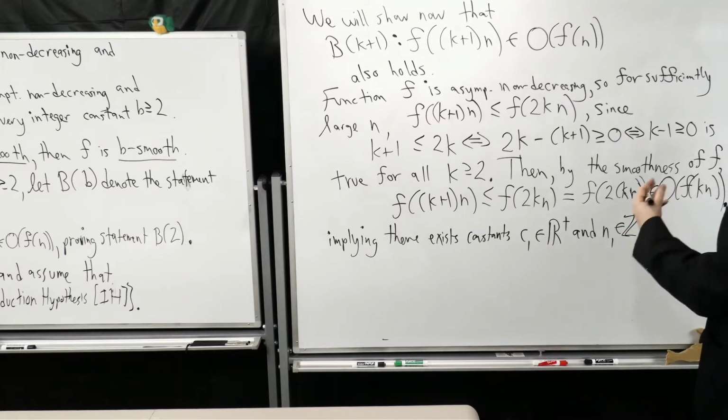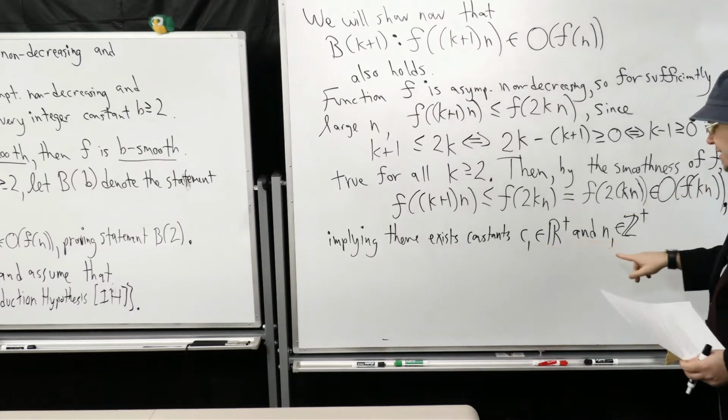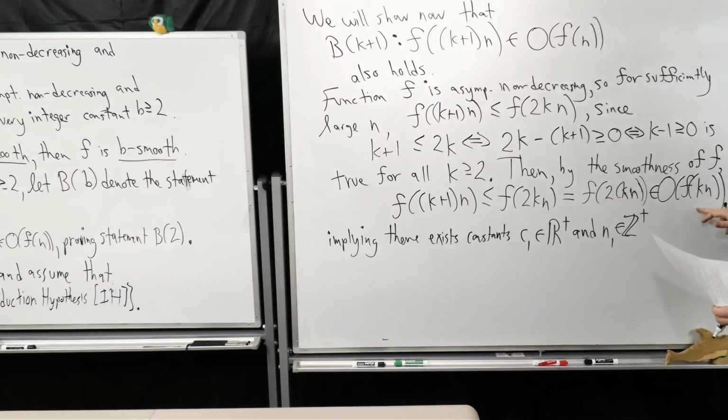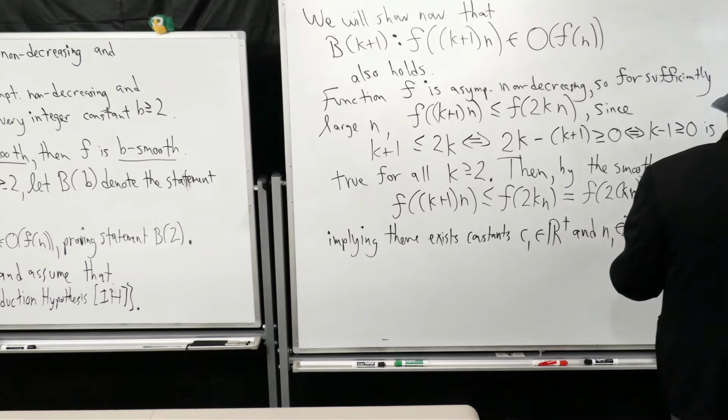I'm just invoking the definition of big O, because I know that this relationship holds. So I'm going to pick out those two constants that represent this relationship, C and N0, such that this holds.